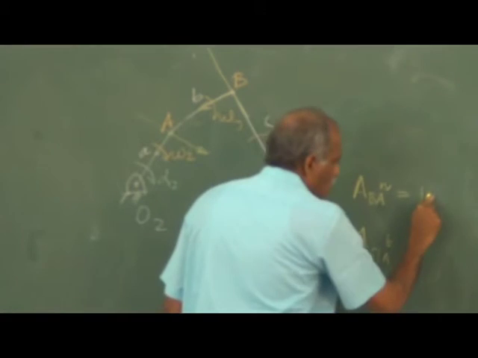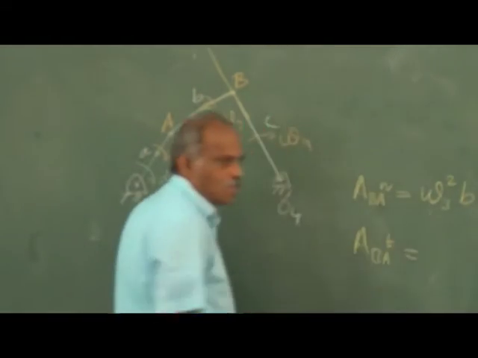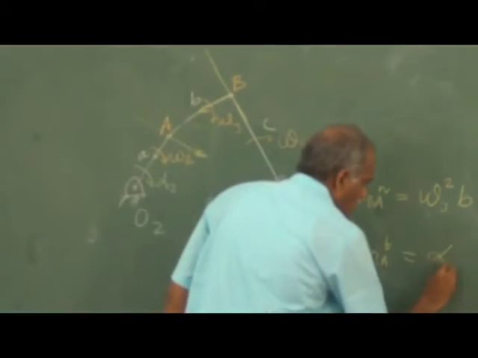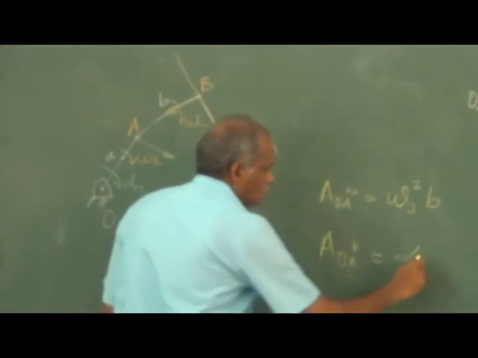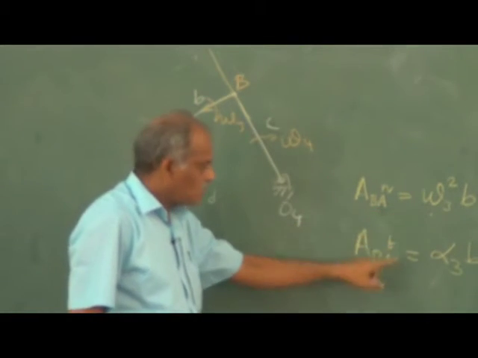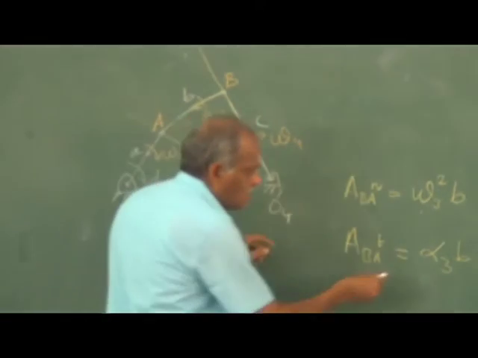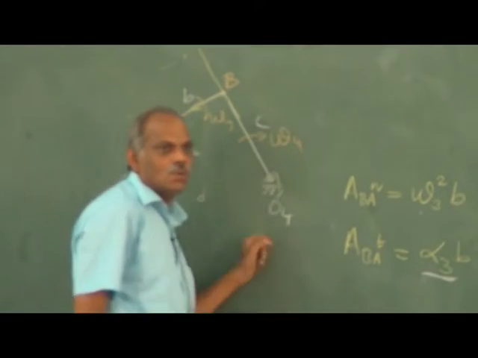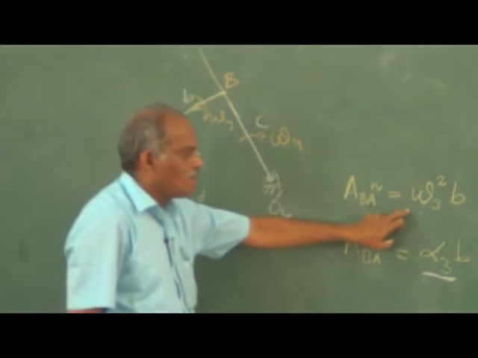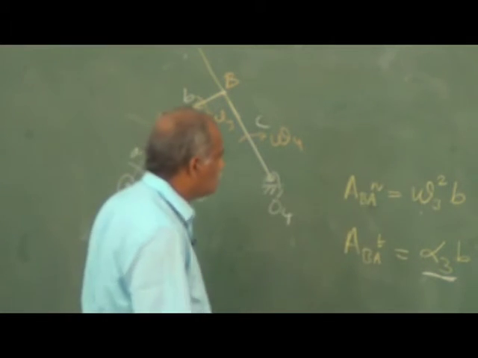The normal component is omega 3 square times its position vector, that is B. Tangential component is alpha 3 times B. Its direction is known. But you can see that alpha 3 is not known. But we know this normal component, so we can proceed with the normal component and write it.